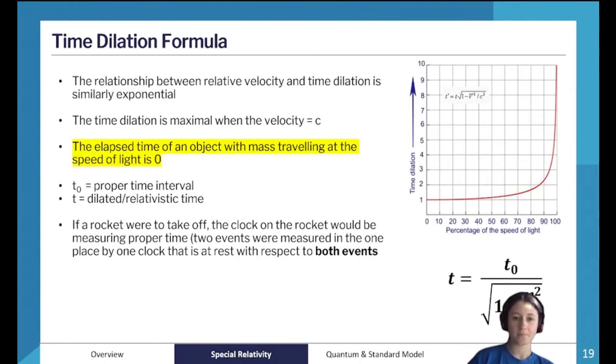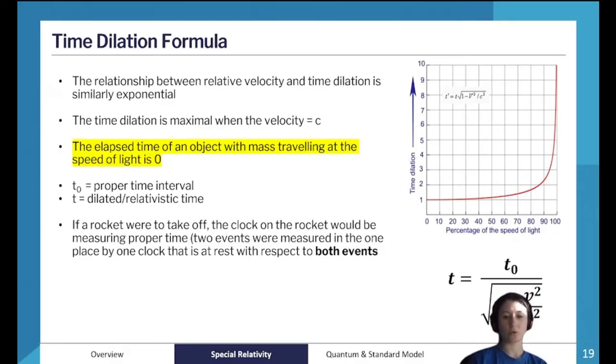So let's get into the formula that you need to know. So we have T equals T naught over root 1 minus V squared over C squared. So, T naught is the proper time and T is the relativistic time.